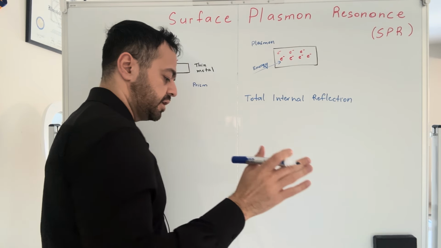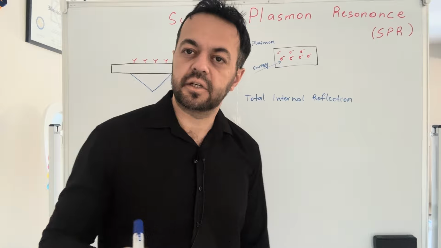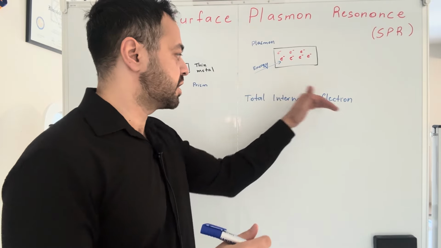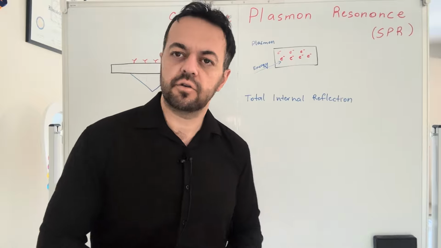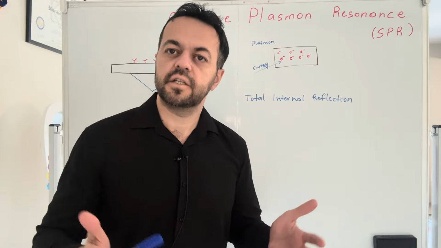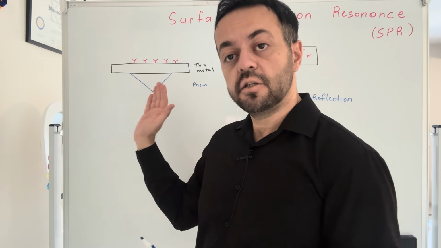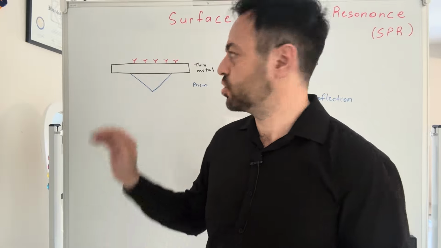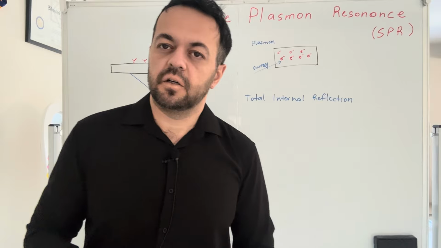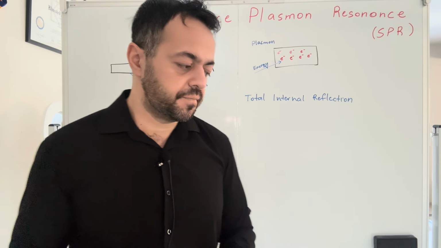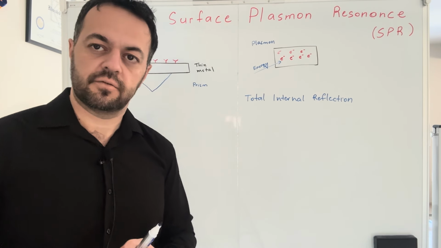I dropped a link down below in the comment section where I talk about total internal reflection in more detail. But here I also go through quickly what it is and how it works, because you really need to understand total internal reflection before studying the SPR. So what is total internal reflection?